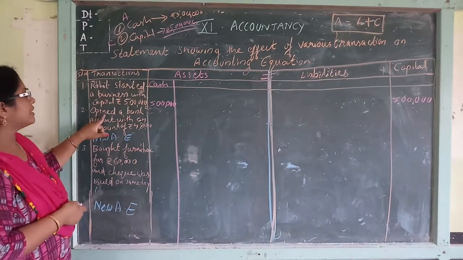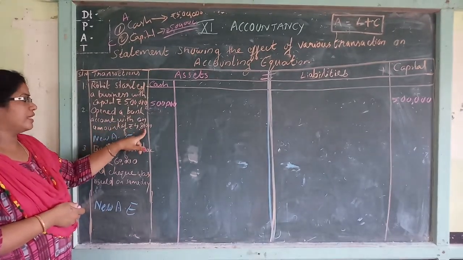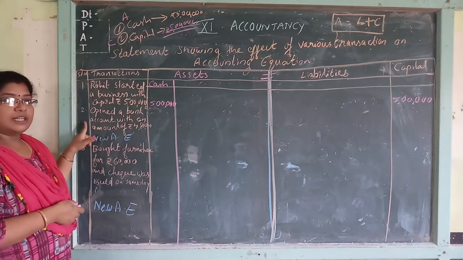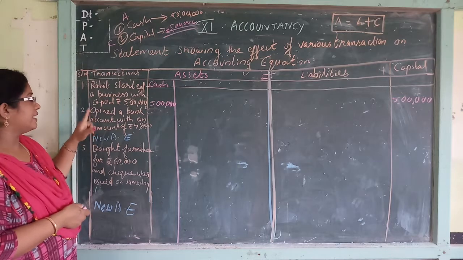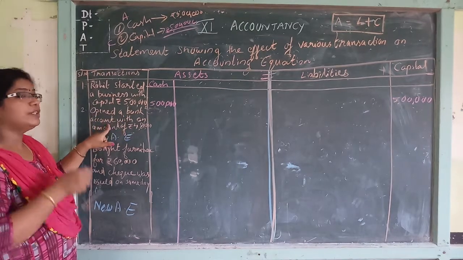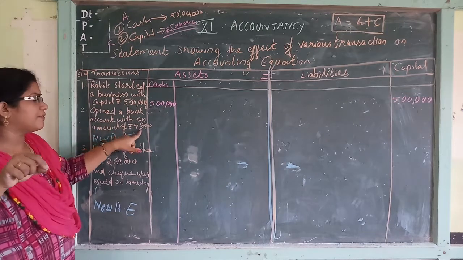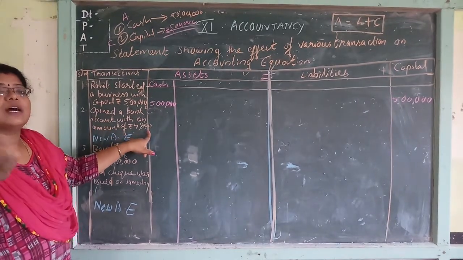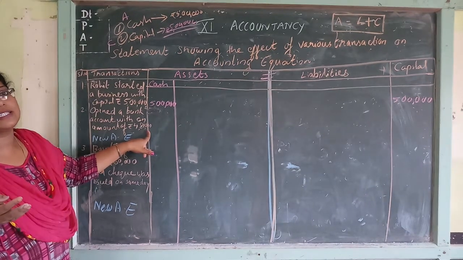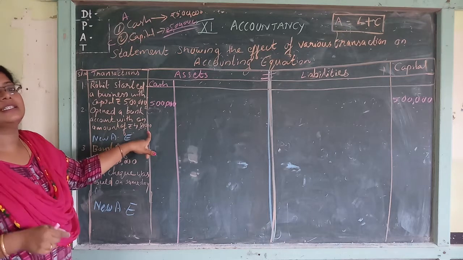So here, listen. Open a bank account with an amount of rupees 4,80,000. What are the two items affected in this transaction? You open a bank account, which means definitely you deposit an amount, 4,80,000 rupees, in the bank. On one side your asset is increased, and the name of the asset is bank. Your cash at bank is increased.